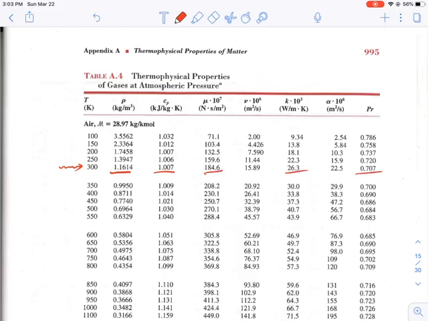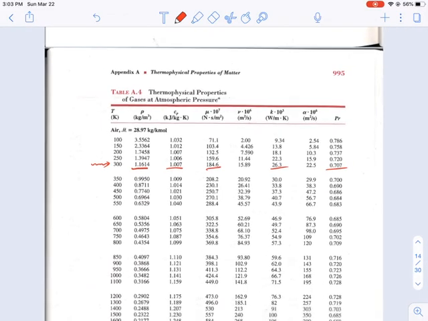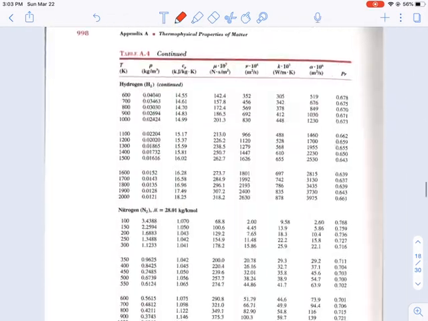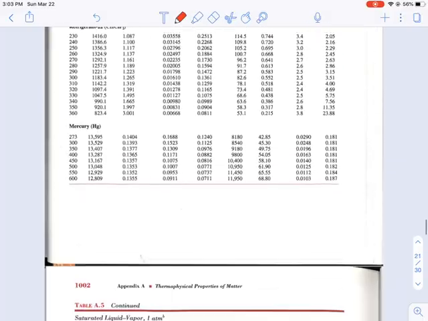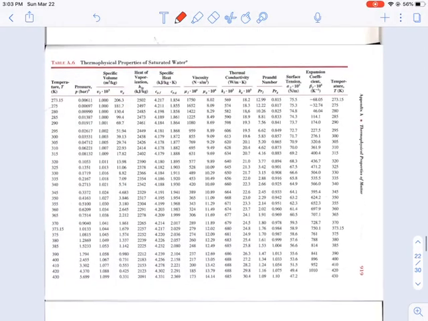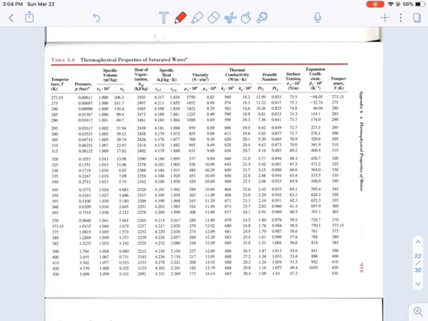For the water properties, it is in appendix 8.6, and we have 320K, so that's where this is. So you can get all the properties at 320K.